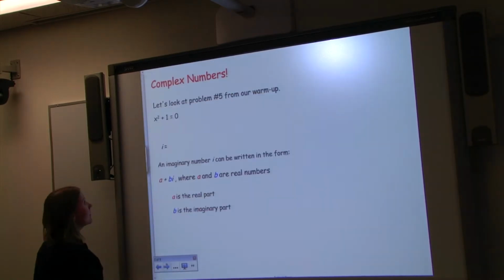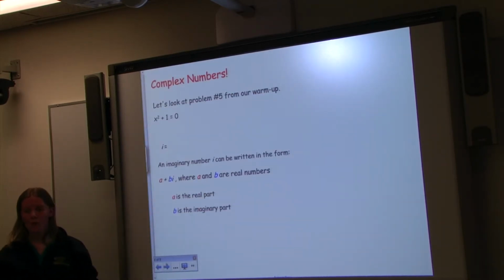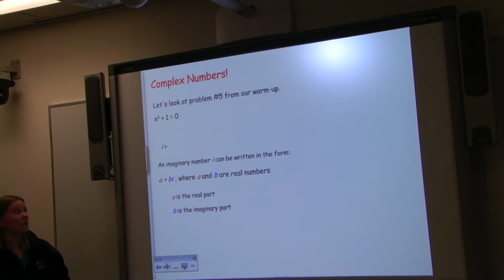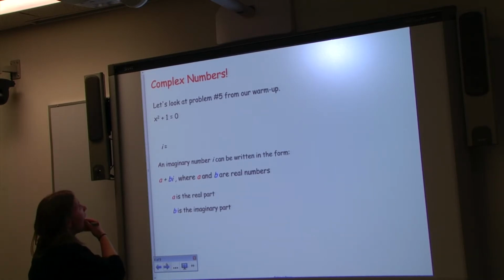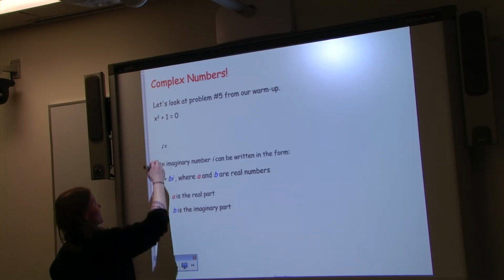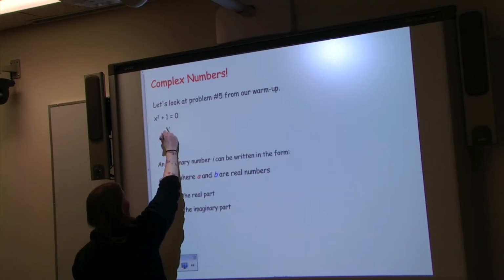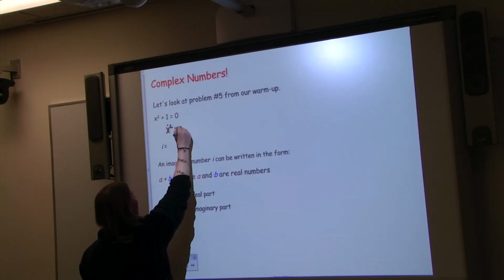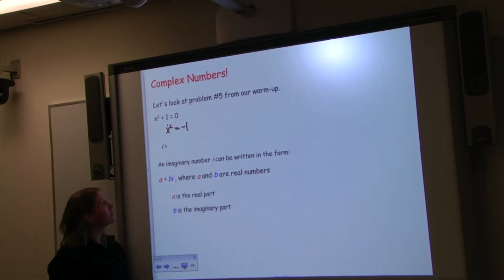Okay. So now what we're going to talk about today is complex numbers. Looking at your warm-up problem number 5, this is your equation, and you get x squared equals -1.